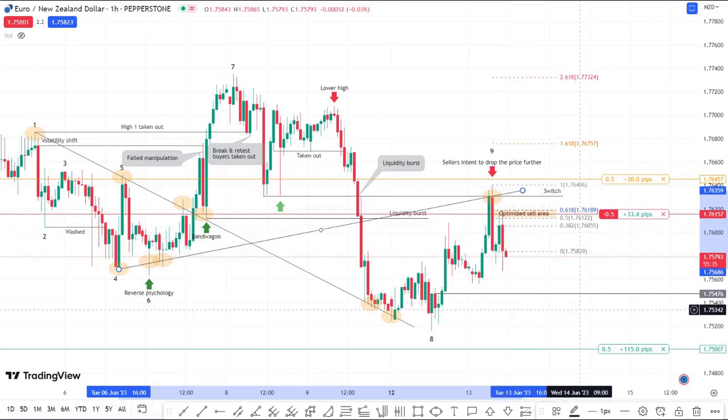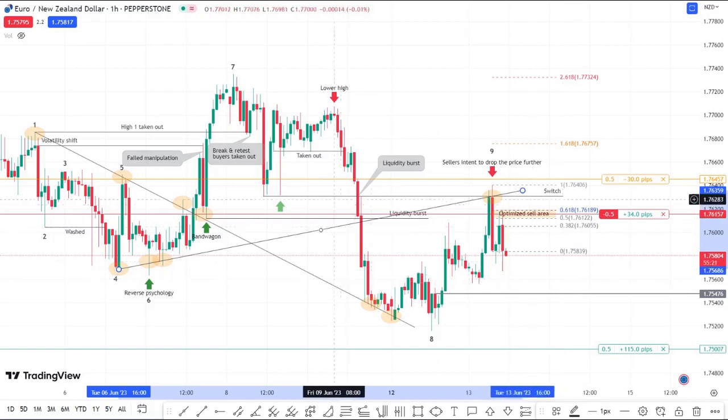Right? And our entry got triggered when I took what I call my optimized trading zone. That's my personal strategy that I came up with after noticing several opportunities, price sometimes tends to come back at the golden zone, which is in between the 0.5 and 0.618 Fibonacci retracement ratio.